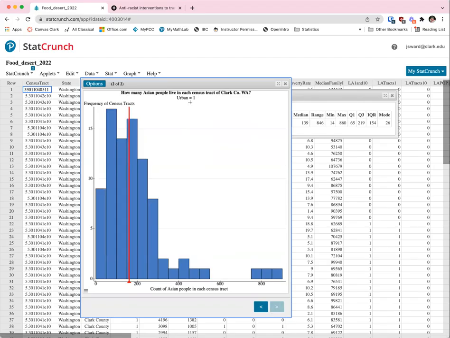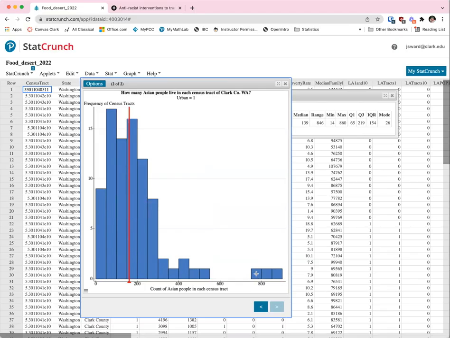This is where urban equals 1. So this is a histogram of only the urban tracts in Clark County. And each count in this graph is another census tract. So if I hover over the second bar, there are 17 urban census tracts that have only between 50 and 99 Asian people living in those tracts.